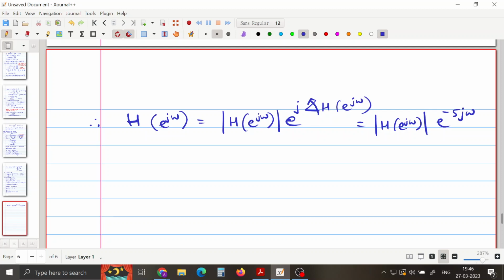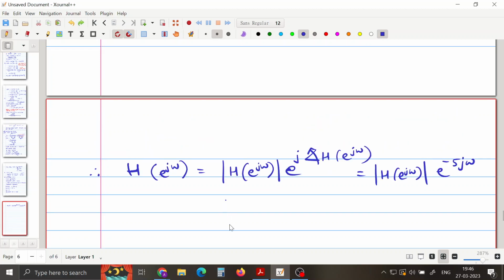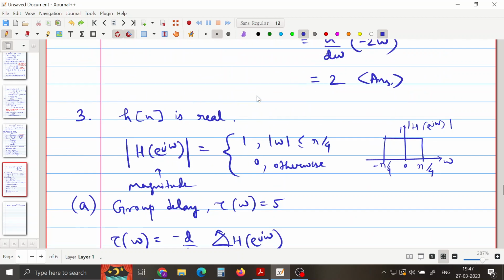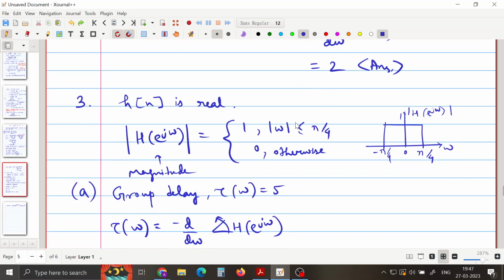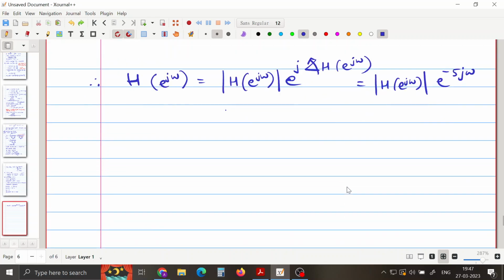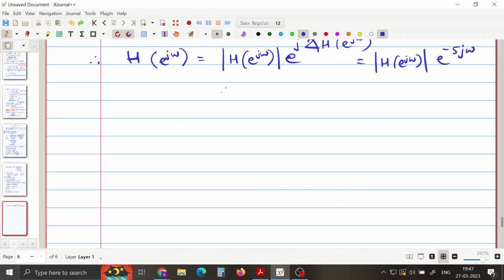Okay, so now for this magnitude part, mod of H of e power j omega, its characteristic has been given here. It is 1 whenever mod omega is less than or equal to pi by 4, and it is 0 otherwise. So it looks kind of like this.